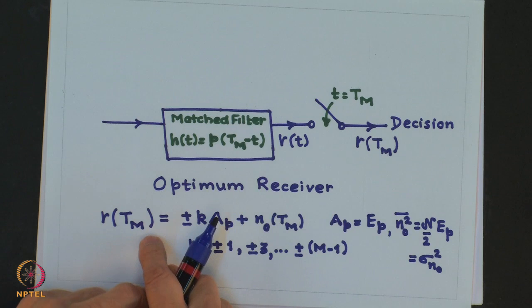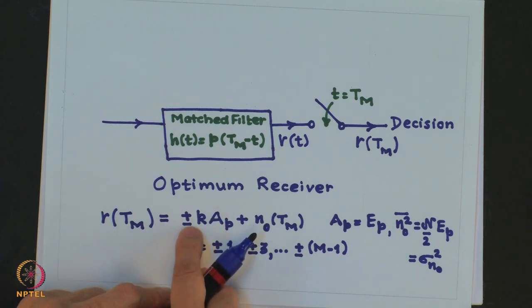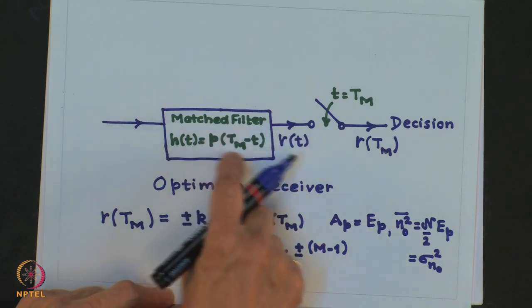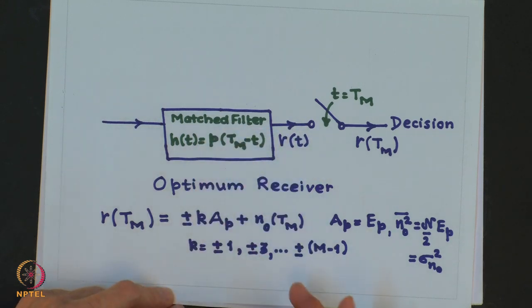Now, it will be of the form plus minus k times Ap, where Ap is nothing but the energy in this pulse.